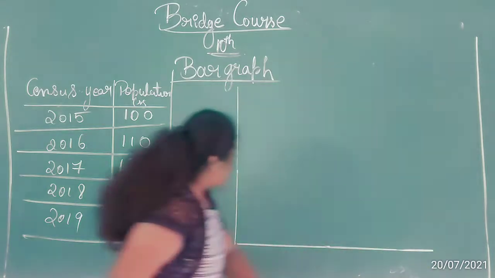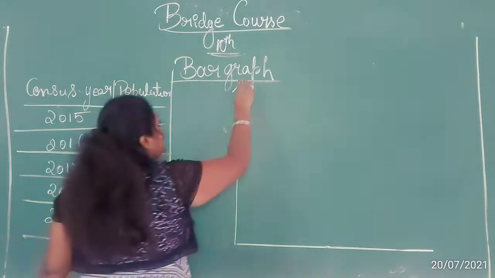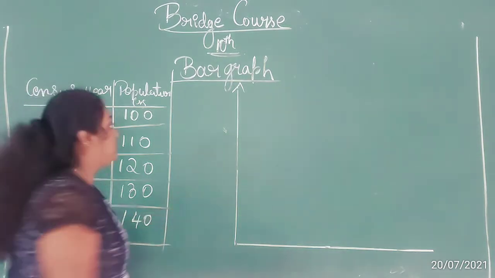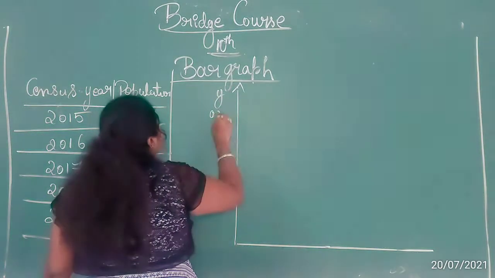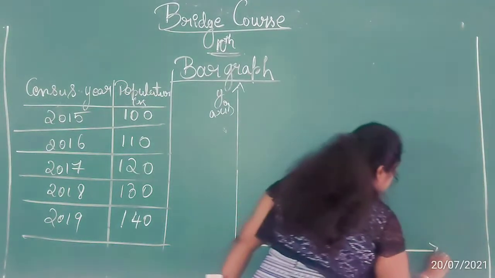This is how we are supposed to draw. Now listen here. The standing line is your y-axis. The sleeping line is the x-axis.